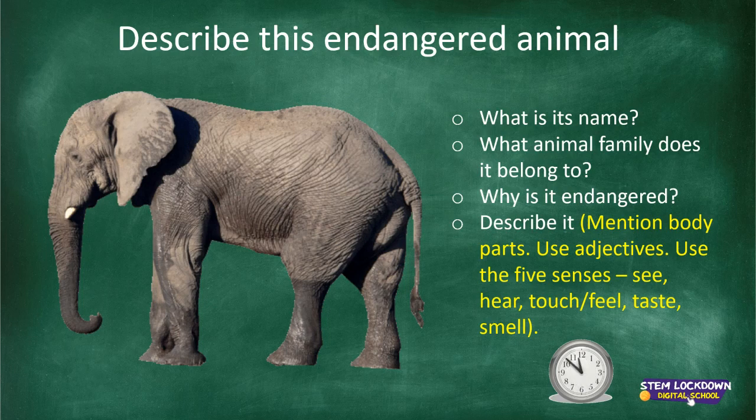So let's see, I'm going to give you about 5 minutes or so. So you might not hear me for a while. I might chip in every now and then. Remember to use full sentences, please.